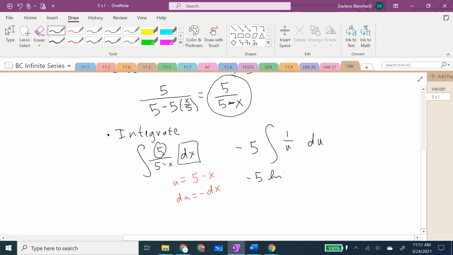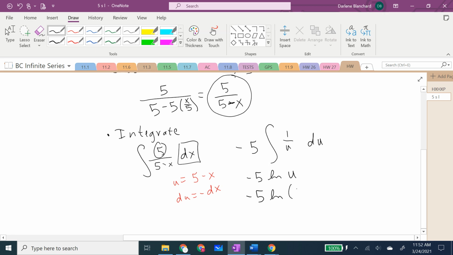Now, normally you need absolute values, but if you take a good look at the interval of convergence that you're working with, you'll see that that particular domain does not require the absolute value. Then technically there's a plus c, but you can choose to write it now or write it later. Right now I'm not going to worry about it. I'm just going to try and get to an answer here.